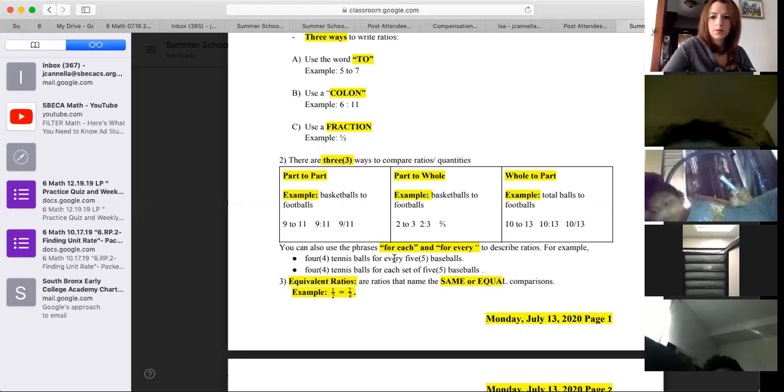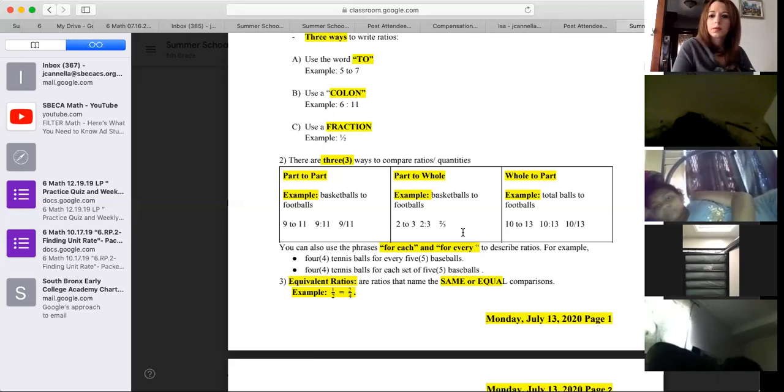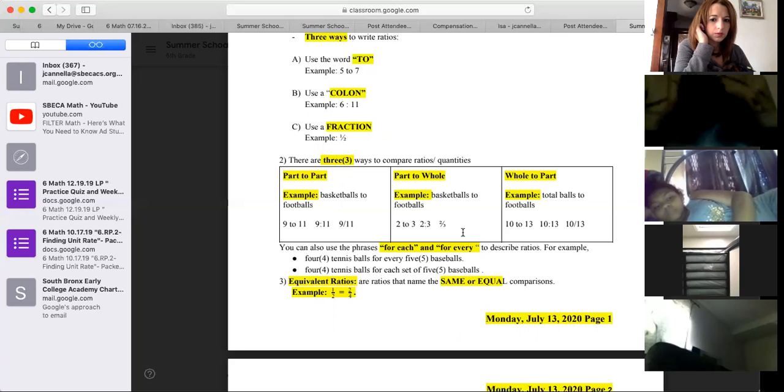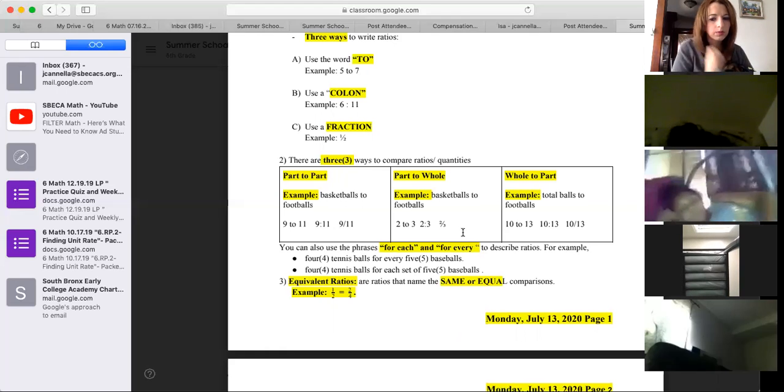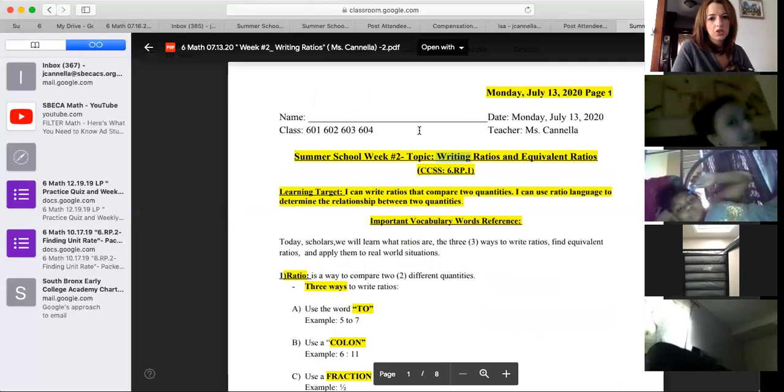Example, total balls to footballs, 10 to 13, 10:13, 10/13. You can also use the phrases for each and for every to describe ratios. For example, 4 tennis balls for every 5 baseballs, 4 tennis balls for each set of 5 baseballs. Equivalent ratios are ratios that name the same or equal comparisons. Example, 1/2 equals 2/4.